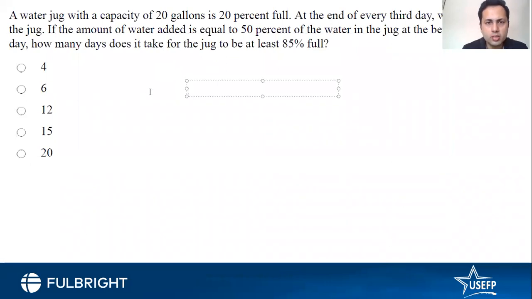So initially it is 20% full. The total capacity is 20 gallons. And it's 20% full, which means it is 4 gallons at the start of the first day. On the third day, what is added?